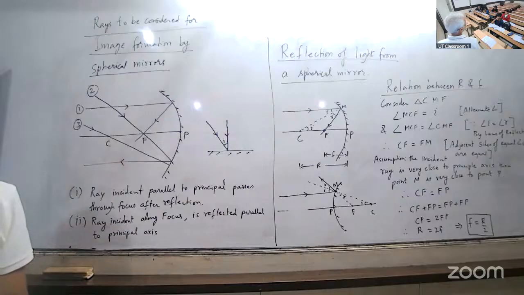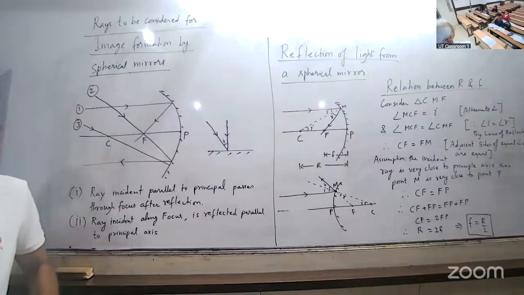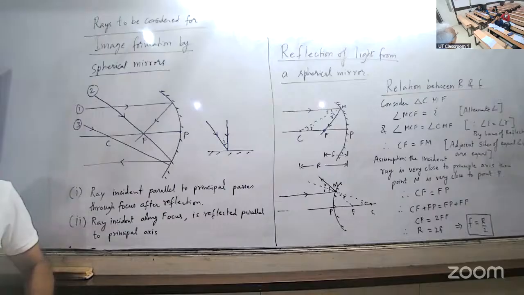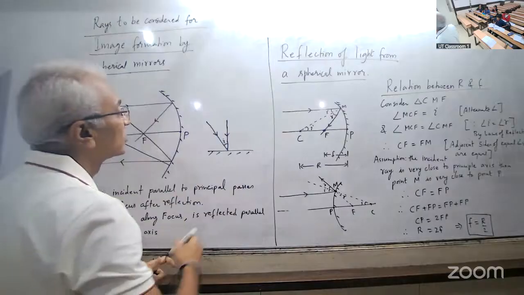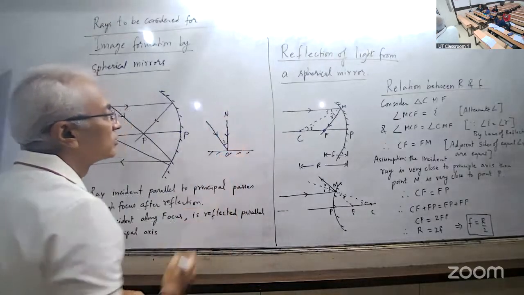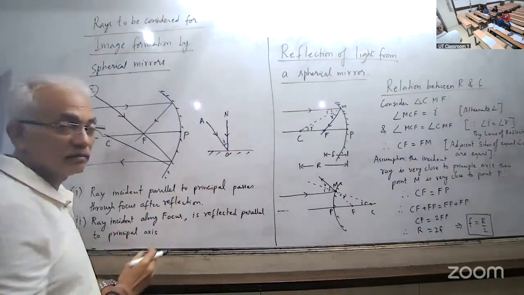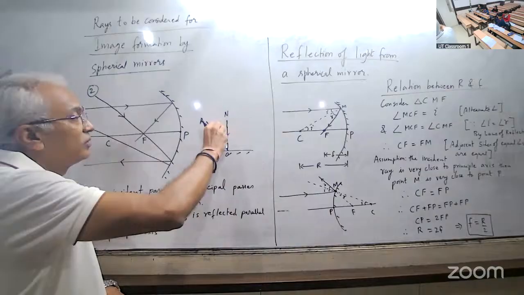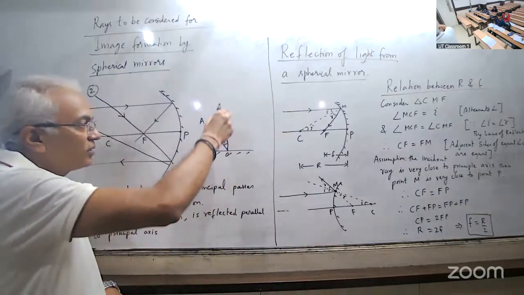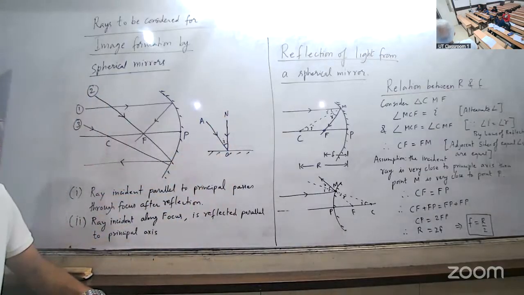What is the angle of incidence? The angle between the incident ray and the normal. This is a normal I am saying, and AO is the incident ray. So angle AON, right? Now, if the ray is incident on the normal itself, what is angle AON?